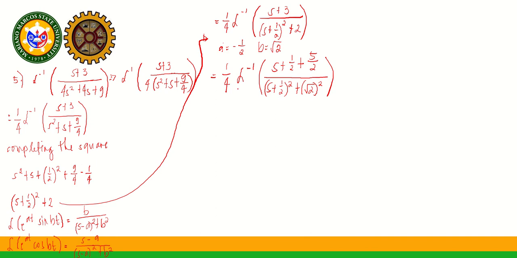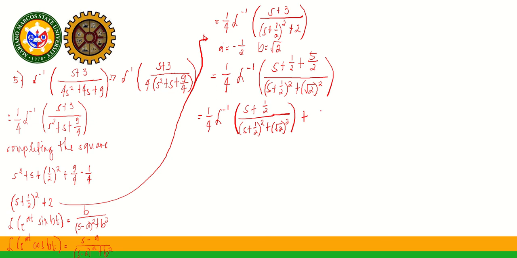So ang gagawin natin dito is to separate this one. So this will be equal to 1/4 and then inverse Laplace of s plus 1 half over s plus 1 half quantity squared plus square root of 2 quantity squared. So we follow yung, asan ba? Yung e raised to at cosine bt natin. Okay?